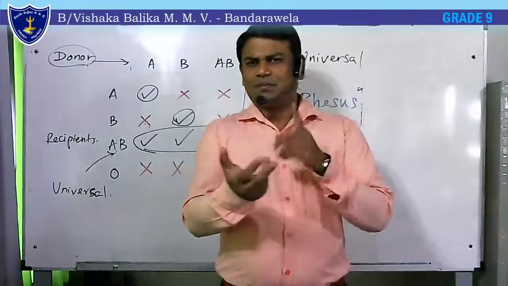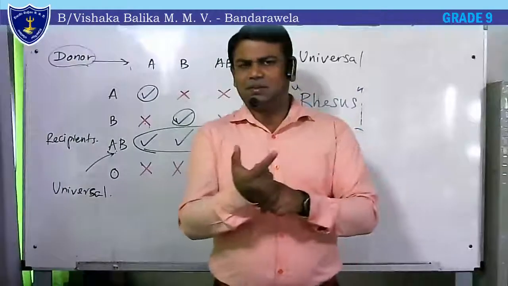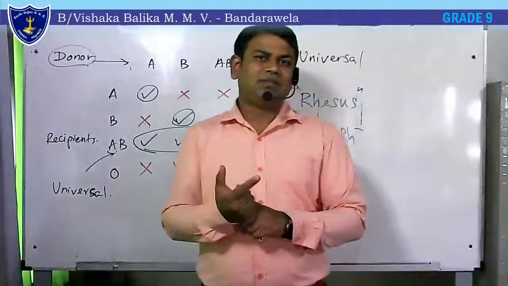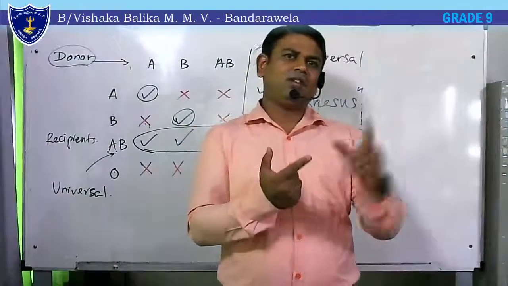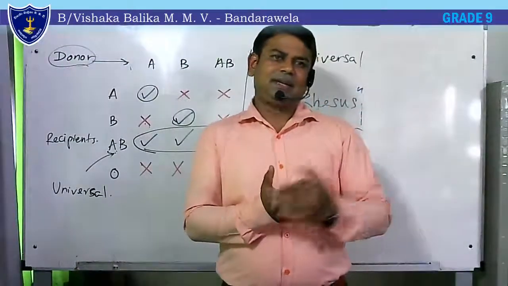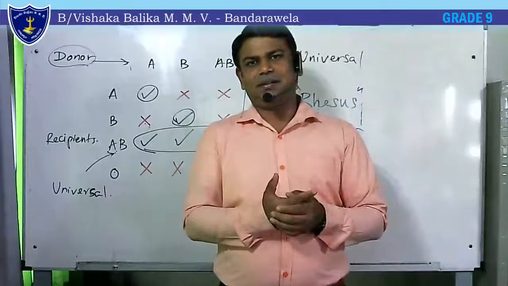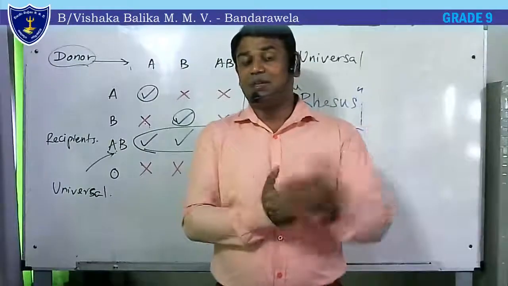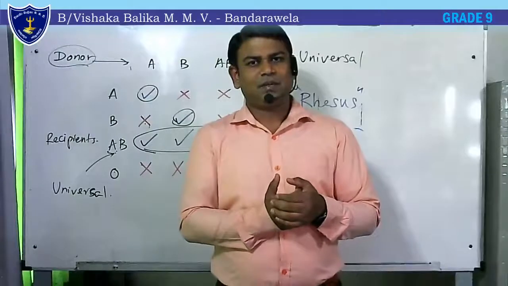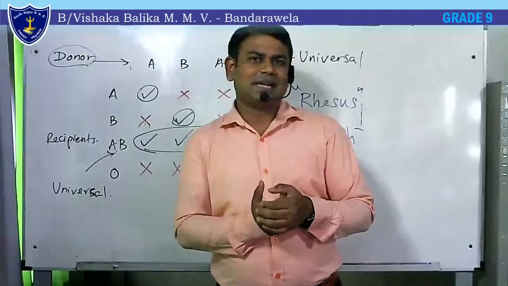Age, the weight, thickness of the blood, and the last fact, if that person has suffered from a viral disease in the recent past, within 3 months, they also won't take blood from you, because sometimes those viruses can exist in the blood.